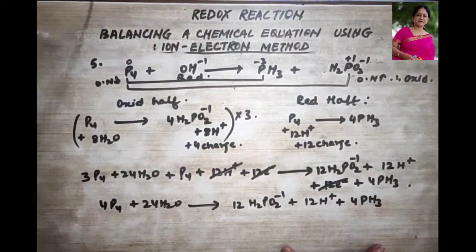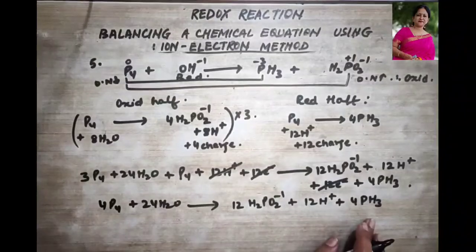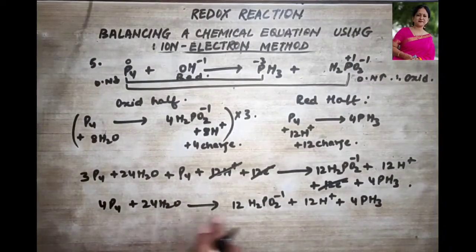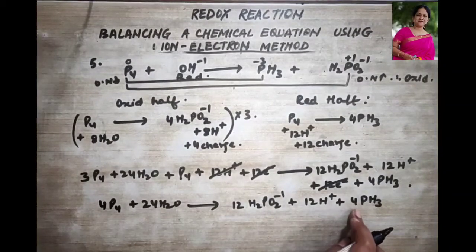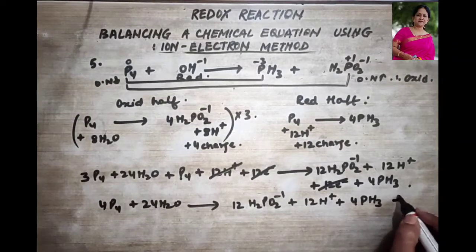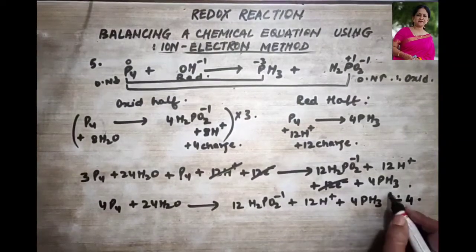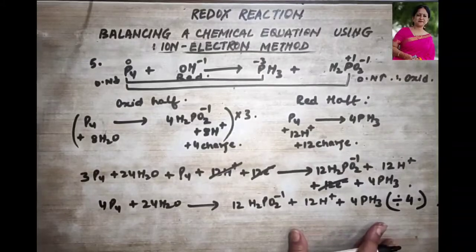Fine. Now if you look at this equation, 4, 24, 12, 12, 4, we can divide the whole equation by 4.